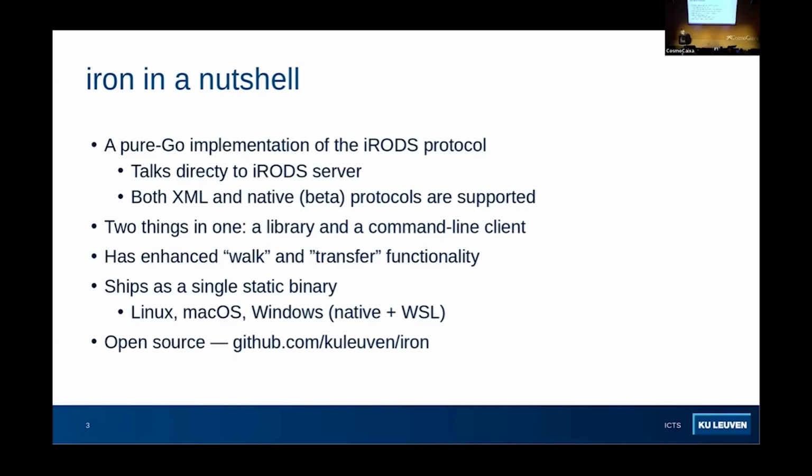The transfer functionality is also embedded, so by default it can parallelize transfers, uploading or downloading multiple files in parallel, as well as splitting large files into chunks that are then uploaded or downloaded in parallel. It's a single binary. You can run it everywhere: Linux, macOS, Windows, native or WSL, you can choose. And it's open source, the source code is on GitHub, so you can contribute if you want to.